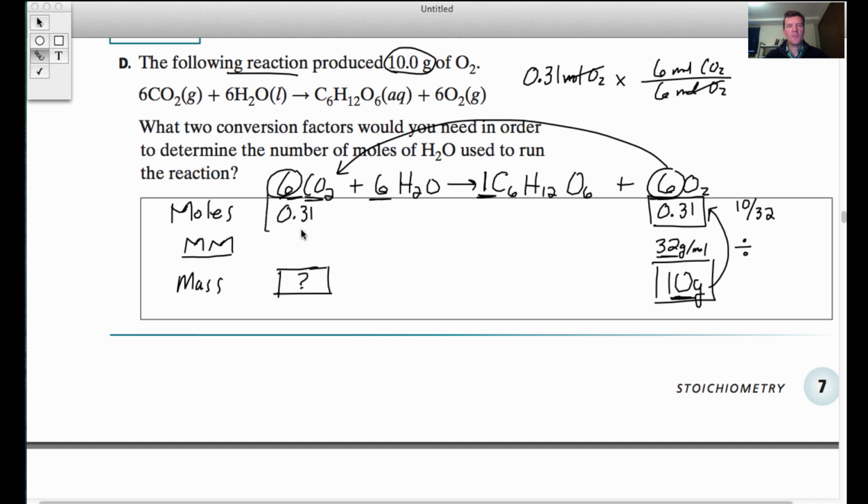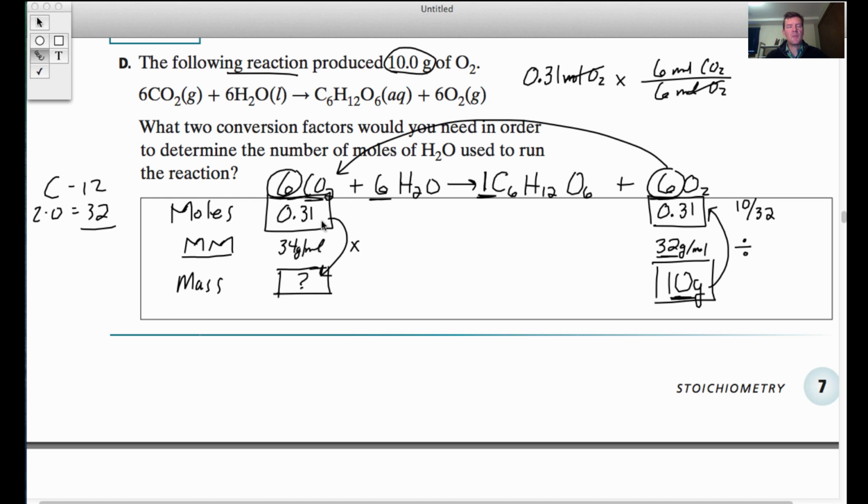Now I can go from the number of moles of carbon dioxide down here to the mass of that carbon dioxide. How do I do that? Using molar mass. This time I'm going to multiply. So I have to find the molar mass of carbon dioxide. Well, carbon's molar mass is 12. 2 oxygens, it's going to give me a molar mass of 16 times 2, 32. And so it's going to be about 44 grams per mole.